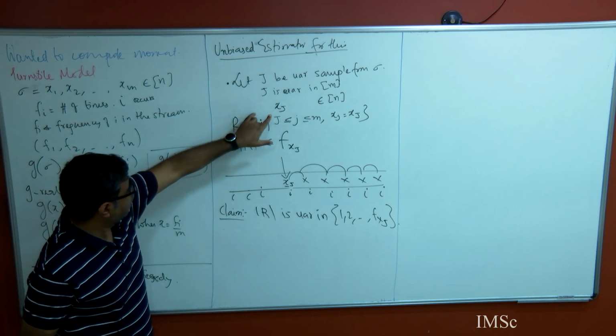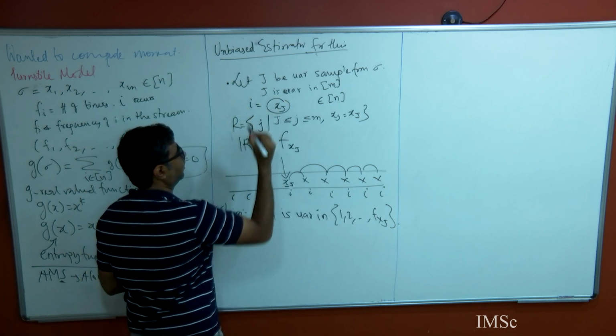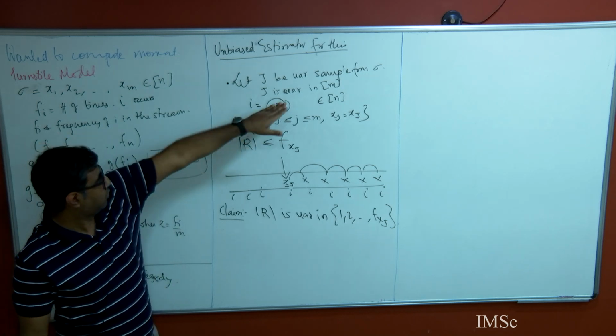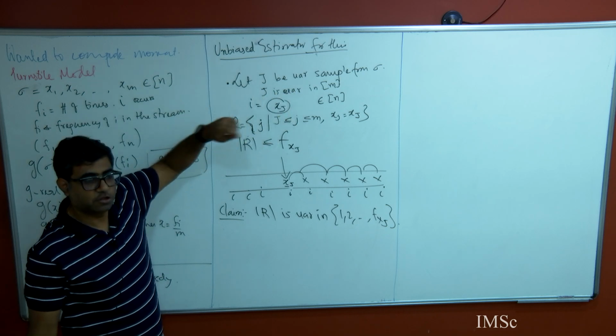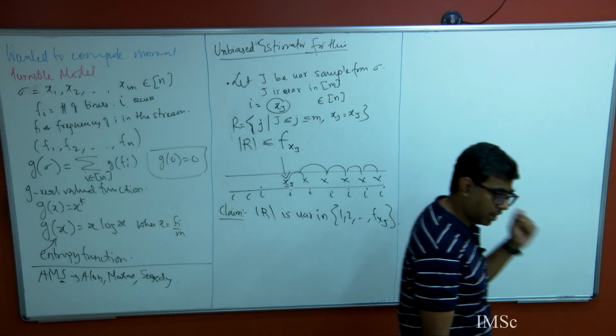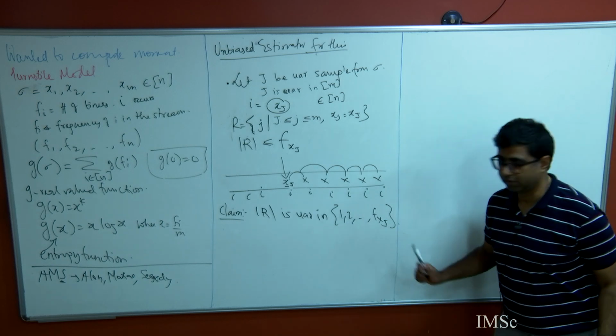Given that we are going to pick up x_J, whatever that is, say it is I. Once you fix that you are going to get I, conditioned on that, it is uniformly at random over 1 to f_{x_J}.